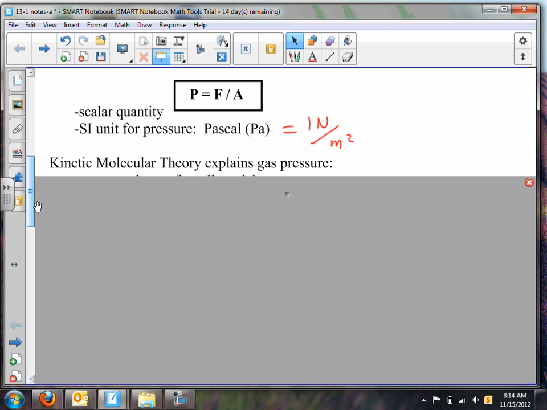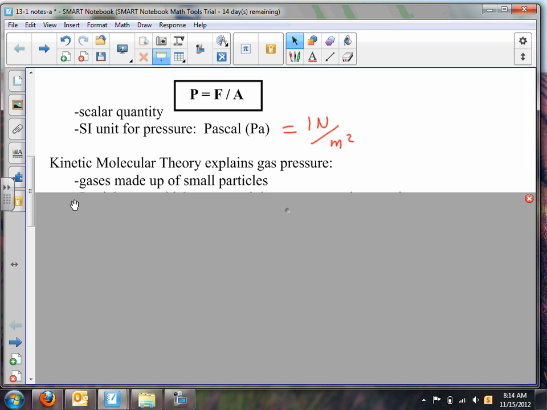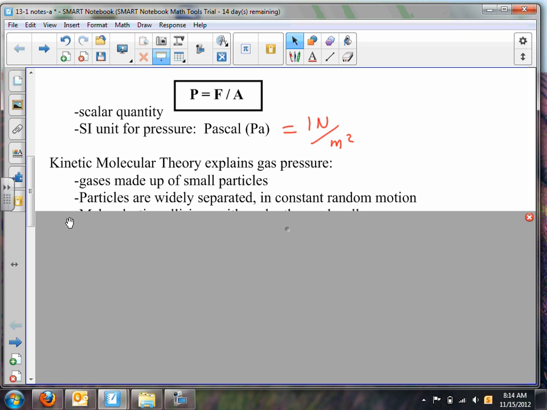So, how does the kinetic molecular theory explain gas pressure? Well, kinetic means movement, so we're going to talk about the movement of particles at the molecular level. We know that gases are made up of small particles. We know that these particles are widely separated and they're in constant, rapid, random motion.